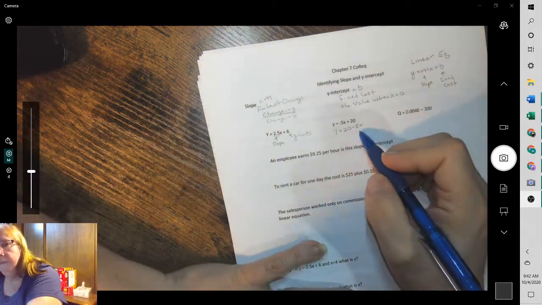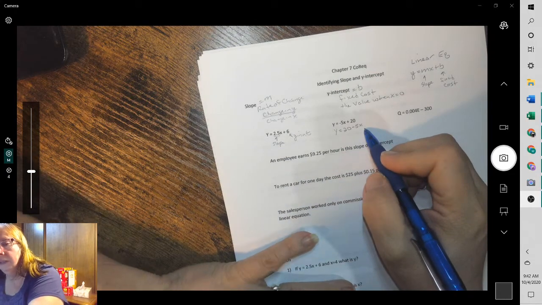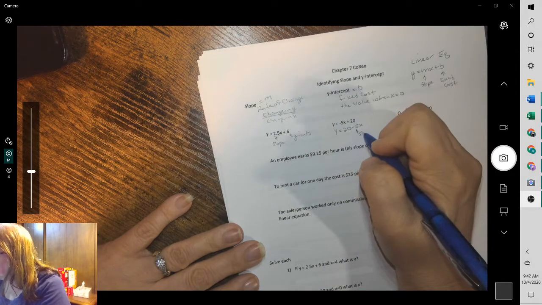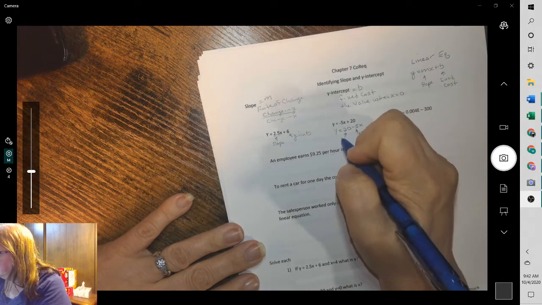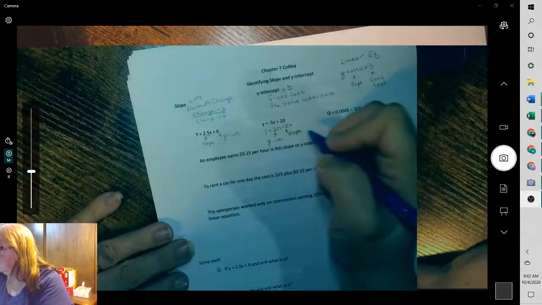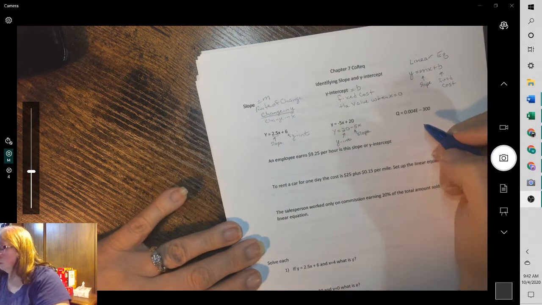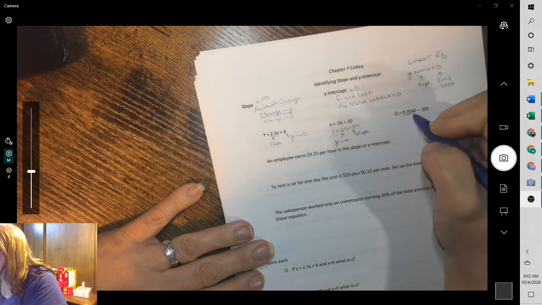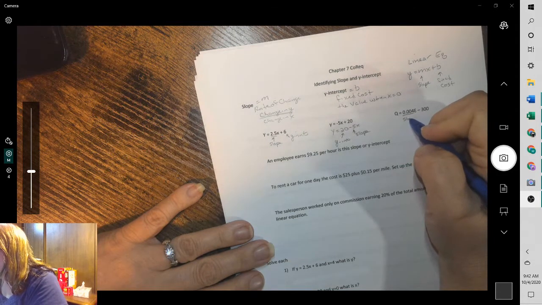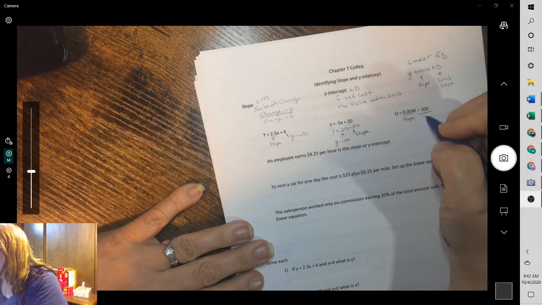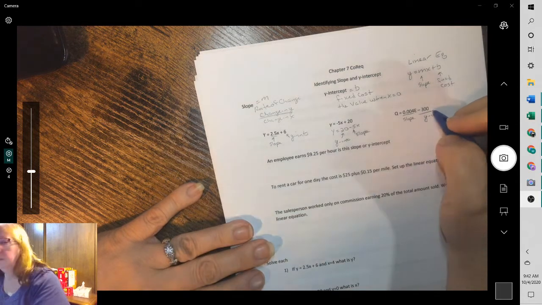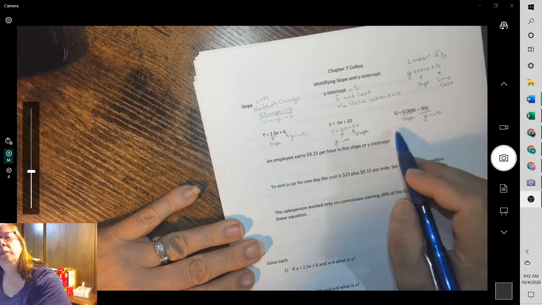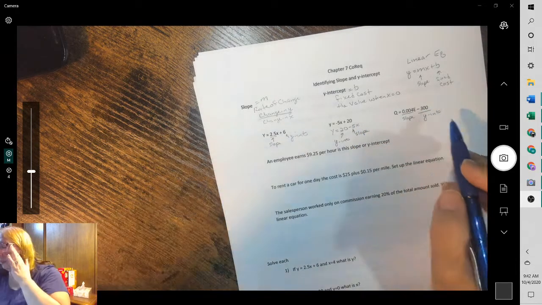But negative 5 is still the slope because it's attached to the x. And the y-intercept is 20. So if we look here, our slope is the decimal 0.004. And the y-intercept would be -3. You take the sign with it. Just like this one would be a -5 for the slope. This one, the y-intercept, would be a -300.